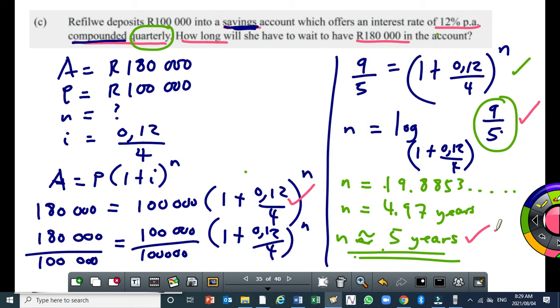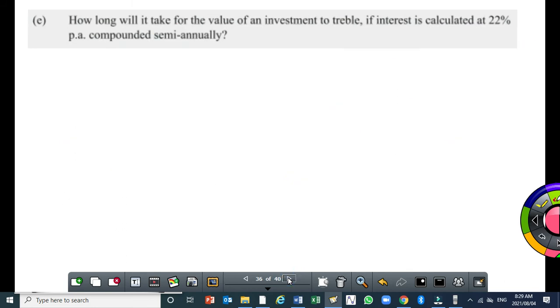Okay, the next question. How long will it take for the value of an investment to treble, that is 3 times, if interest is calculated at 22% per annum compounded semi-annually? How long, this is time, will the value of an investment take to treble?